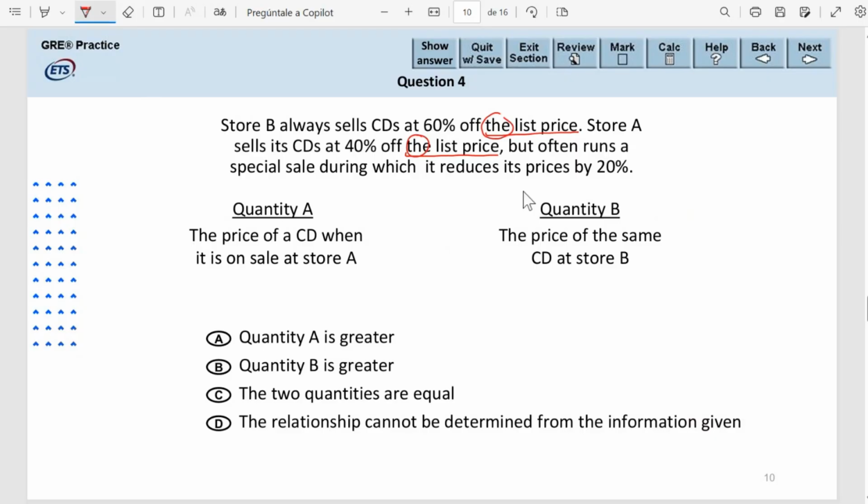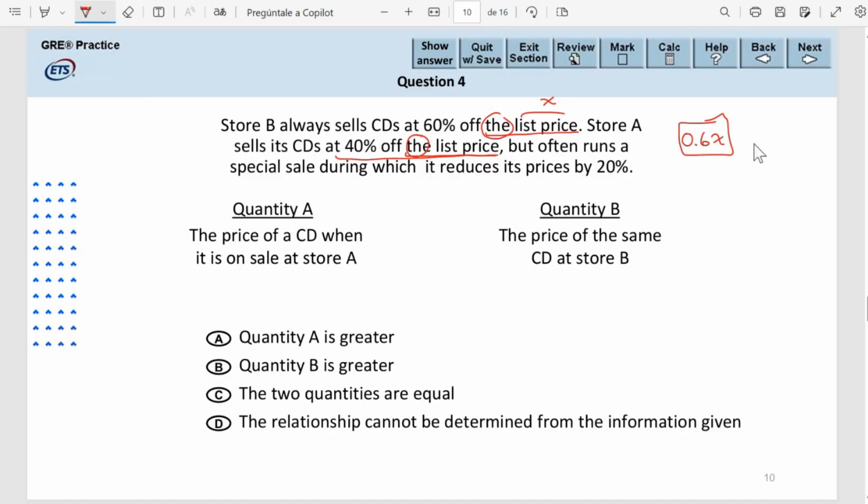Here, what is going on is this. Store A sells at 40% off the list price, meaning that the original price that they use, let's say the list price is X, they are selling the CDs at this value, 0.6X. That is a 40% discount.